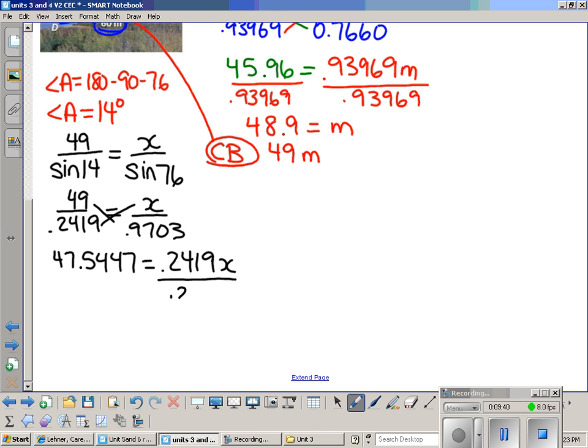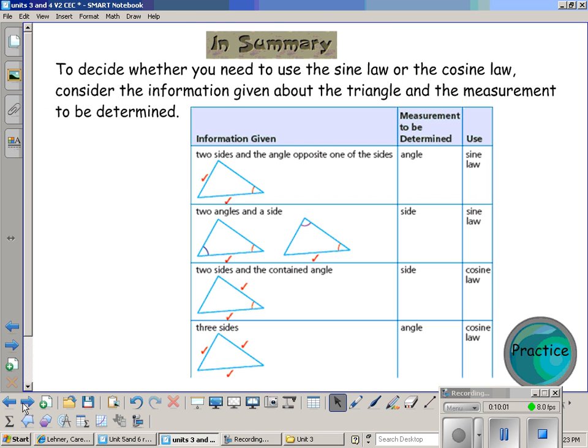Divide by 0.2419. And we get 196.5. Rounding to the nearest meter, 197 meters would be the height of the cliff.